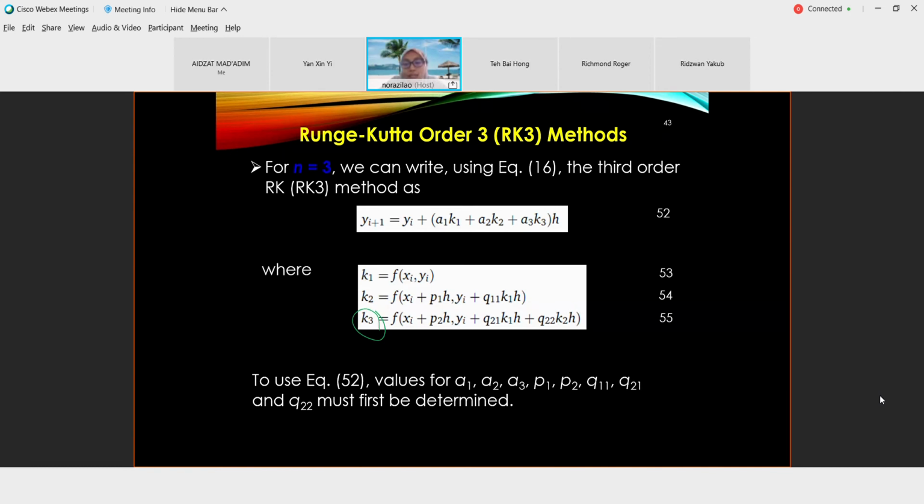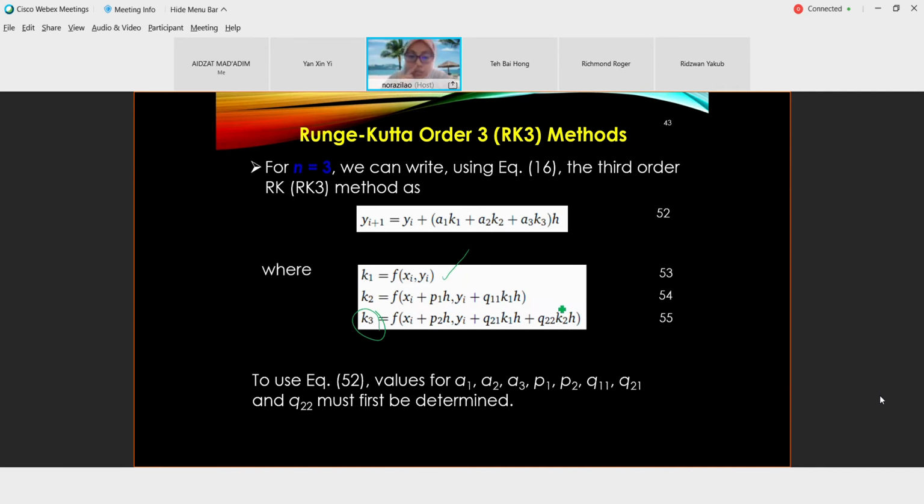K1, okay, K1 is equal function given to us. K2 is equal function xi plus p1h, yi plus q11 k1h. K3 lebih panjang, function xi plus p2h, yi plus q21 k1h plus q22 k2h.